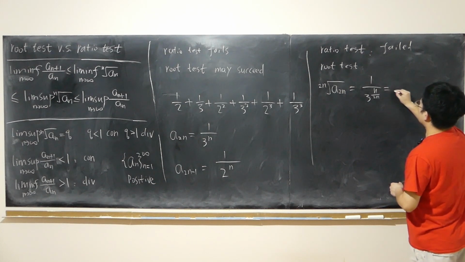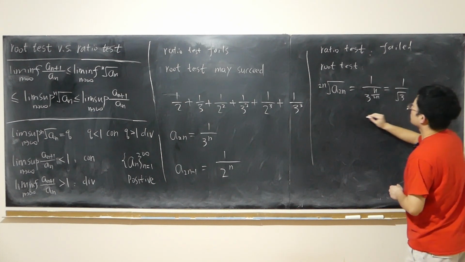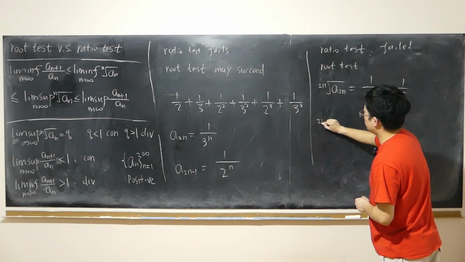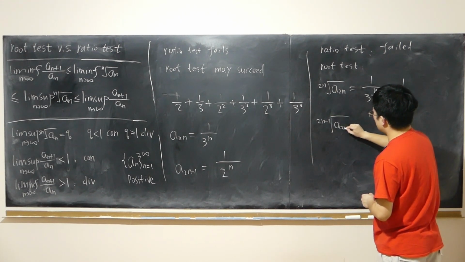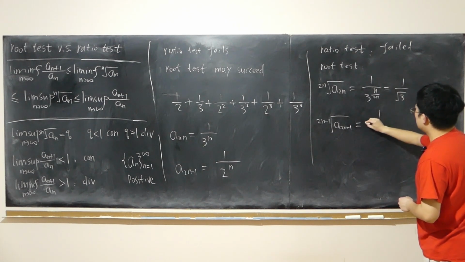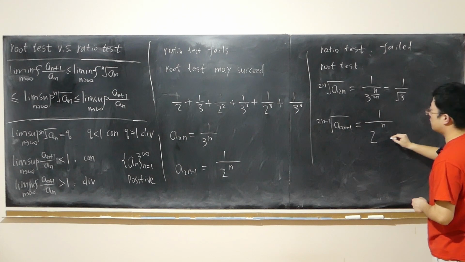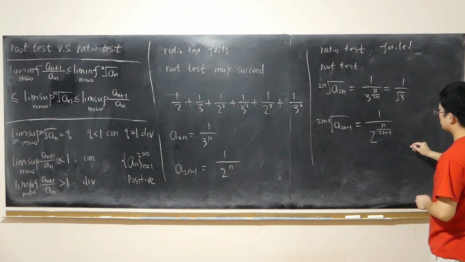That is 1 over square root of 3. And using the odd term, the 2n minus 1th root of a2n minus 1, that is 1 over 2 to the power of n, then to the power of 1 over 2n minus 1.